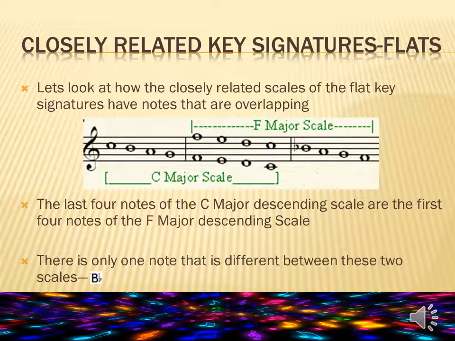Closely related key signatures, flats. Let's look at how closely related scales of the flat key signatures have notes that are overlapping. We have the descending C major scale, and the descending F major scale.